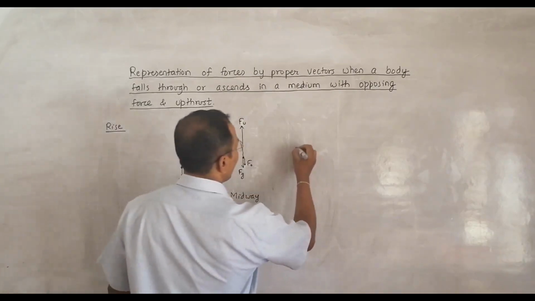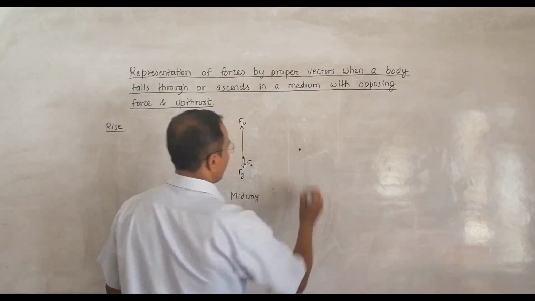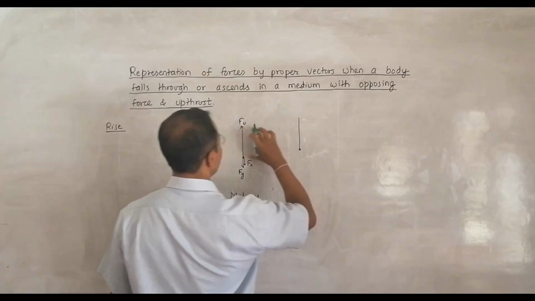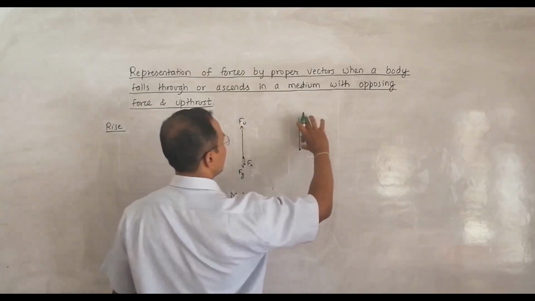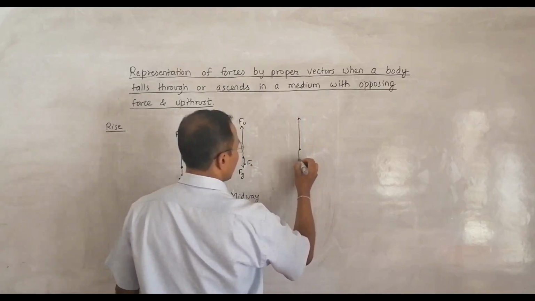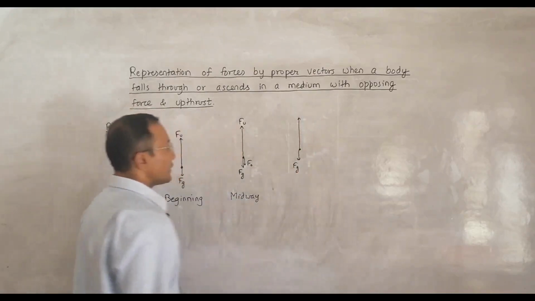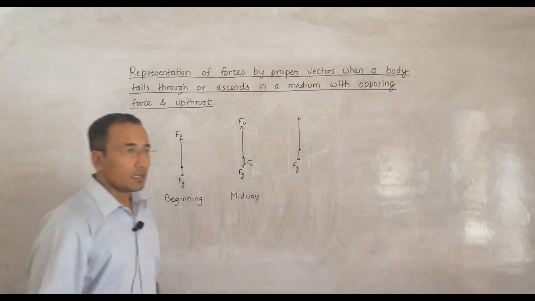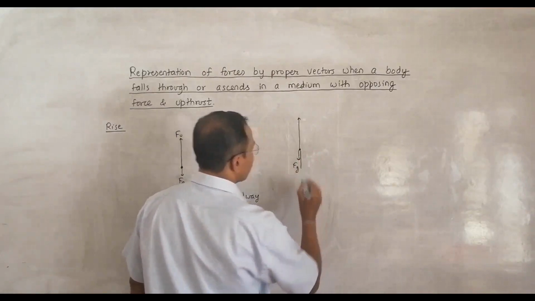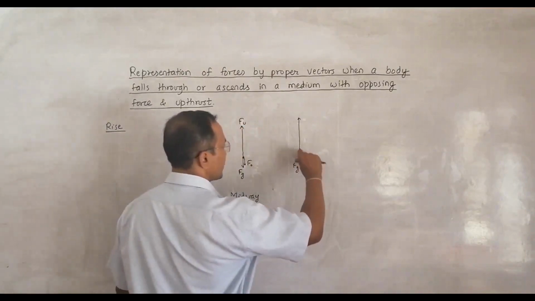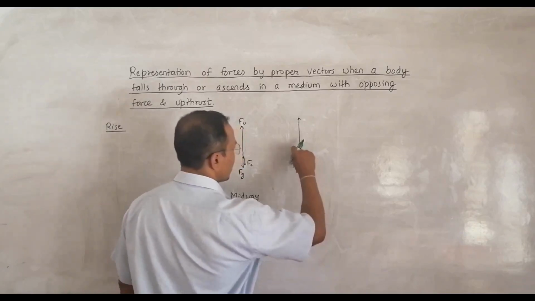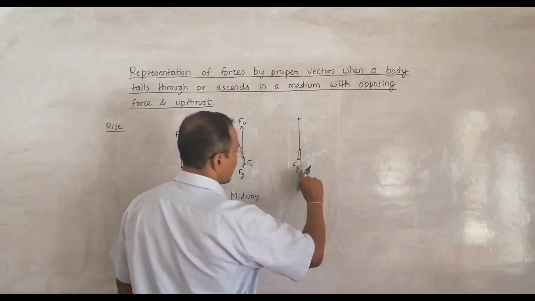Now later, when this thing reaches the terminal velocity, F upthrust is still there, its value is constant. So from here to here, almost the same. Fg is still there, which is constant again. And F opposing has now grown into a larger value. So this will be F opposing, and its length will be such that if I add this to this, it should be equal to this.